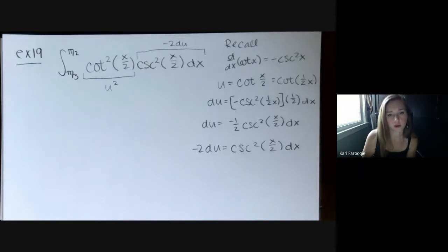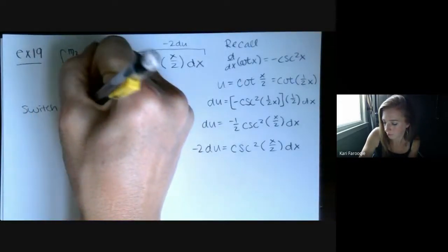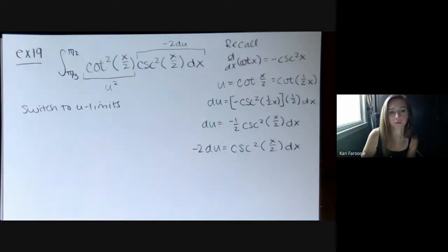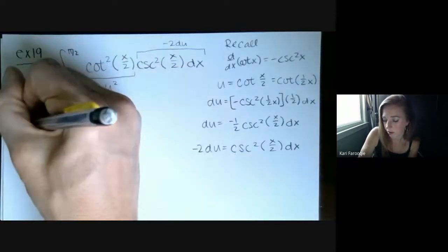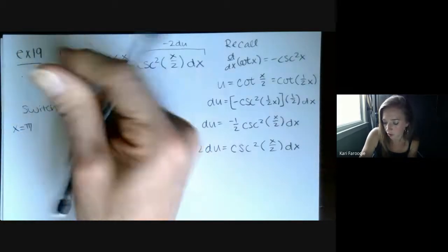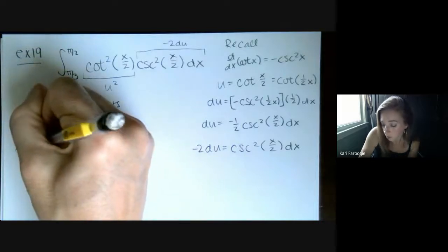And then your cotangent squared x over 2 will just be u squared. But now we also have to switch your limits. And if this is annoying you because you already feel like, ugh, I have to use x equals pi over 2 and pi over 3, and I'm going to have to do trig, you're going to have to do it anyway.